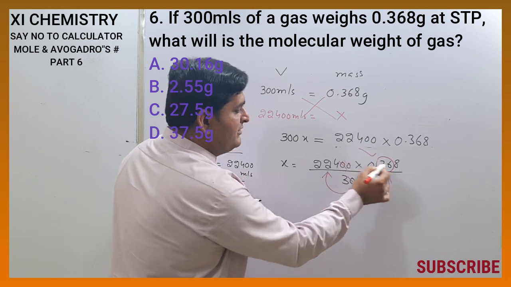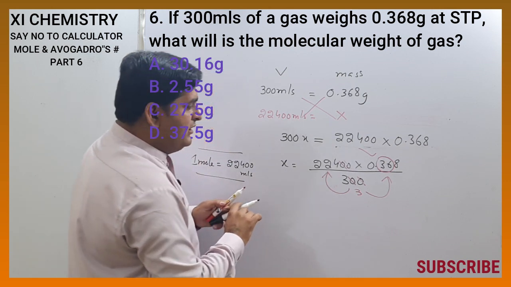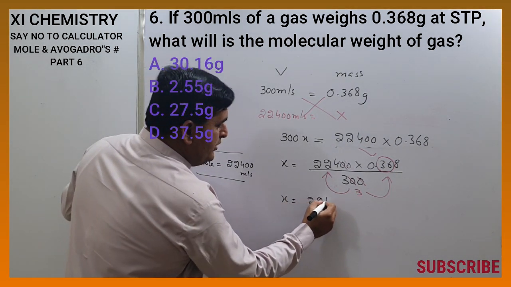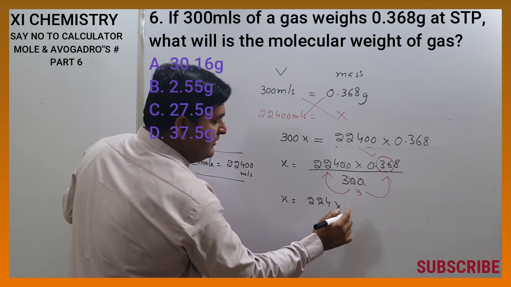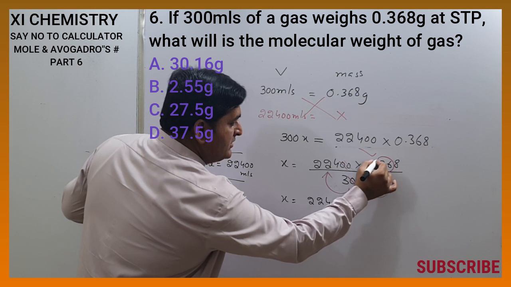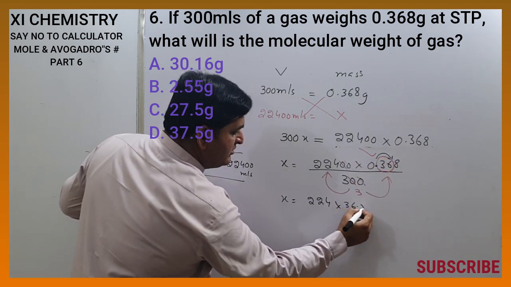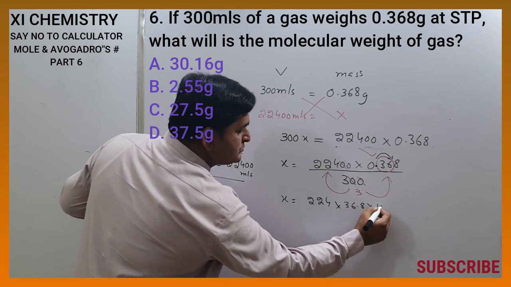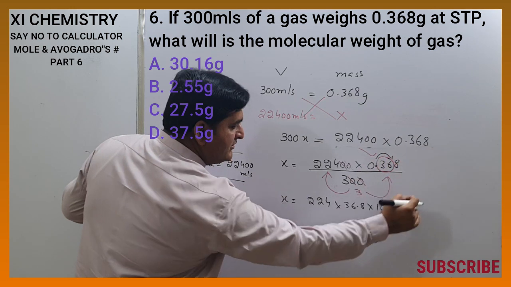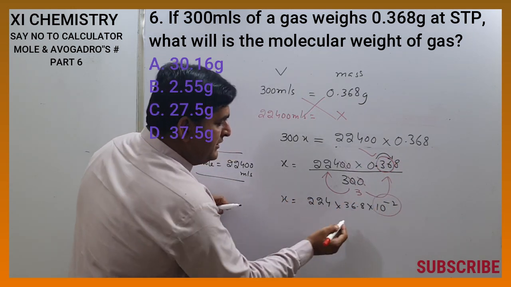I am selecting this side because it takes less time. I am making this 0.368 into 36.8 into 10 to the power minus 2, as we shift the decimal 2 places to the right. This is only for the adjustment of the decimal point.